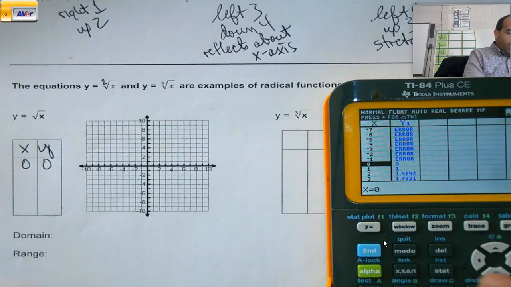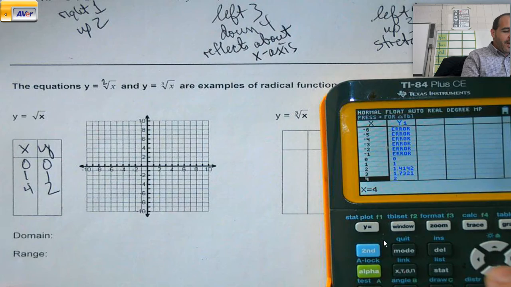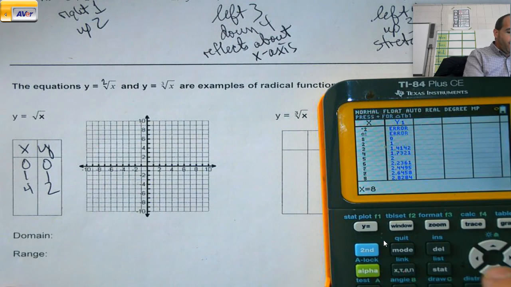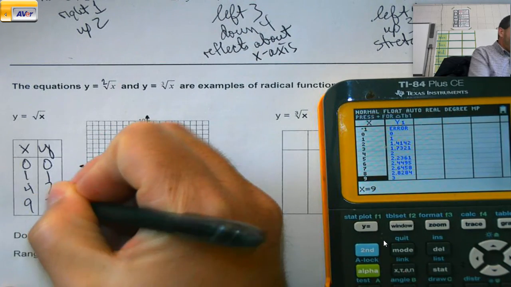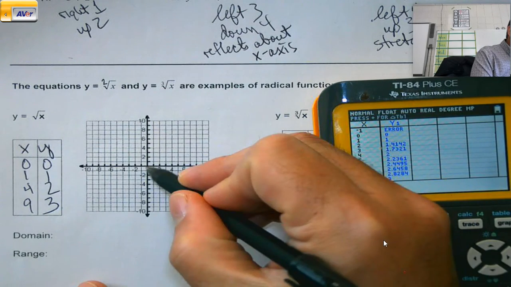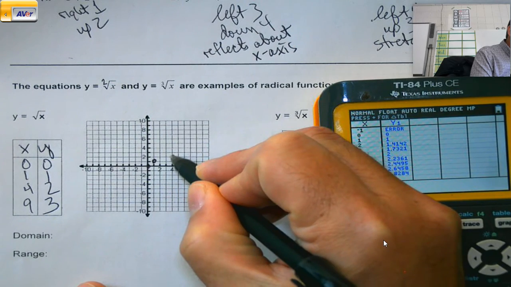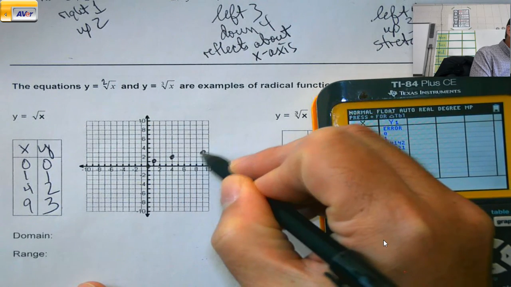So I see 0, 0. I see 1, 1. I don't care about all the decimal-y stuff. Again, method to Hardy's madness, just stick with me. 4, 2, 9, 3. Okay, let's go ahead and plot those. 0, 0, 1, 1, 4, 2, 9, 3.